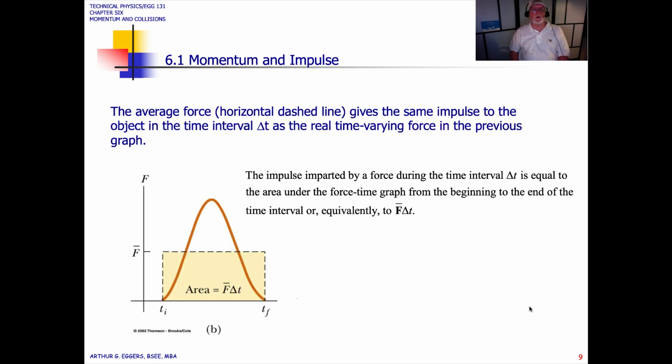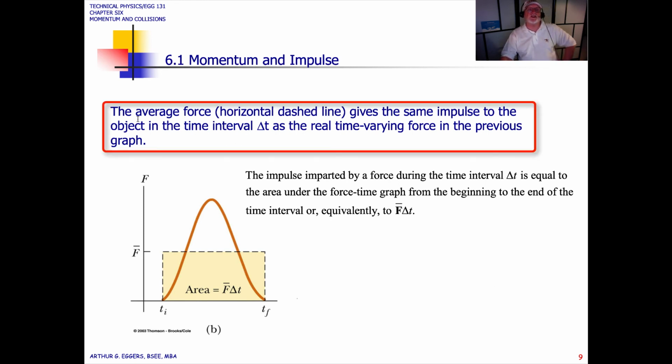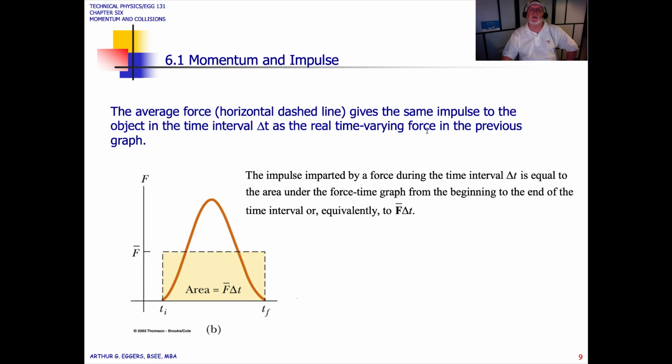So what if there were an easier way? Well, if we look at the definition of an average force, we notice here that we've got the average force down here, which is just about the halfway mark, over that same interval of time. The average force then, the horizontal dashed line, all of the area in yellow, gives the same impulse to the object in the time interval delta t as the real time varying force of the previous graph.